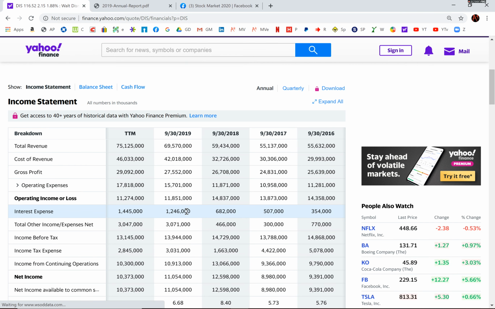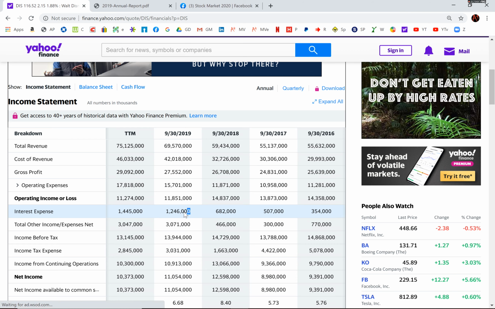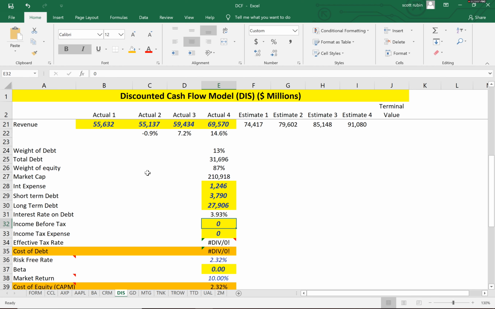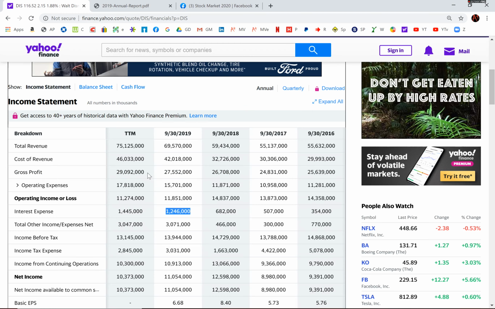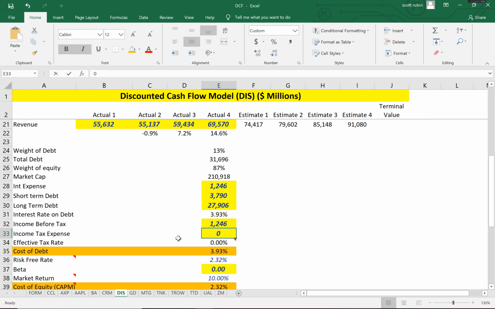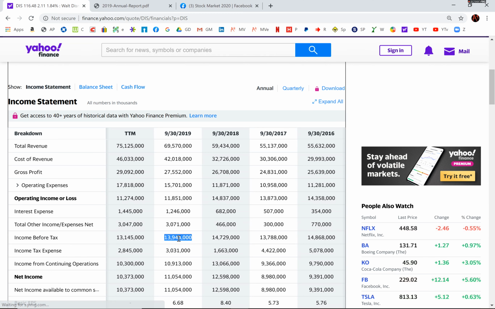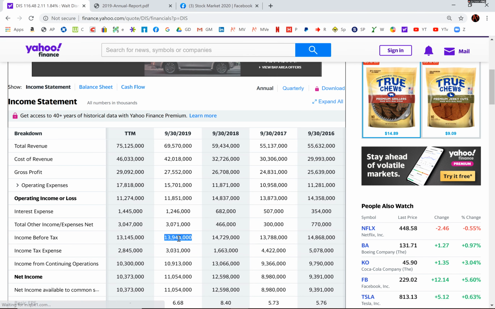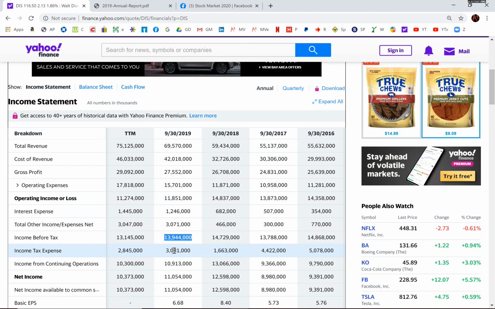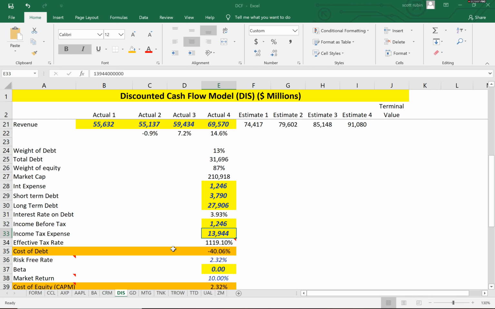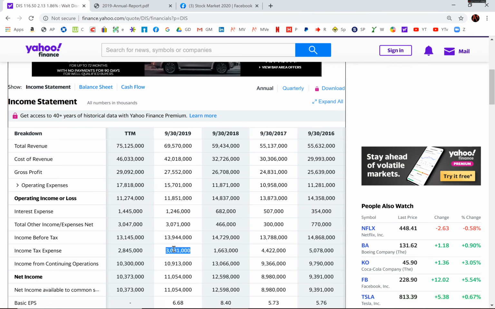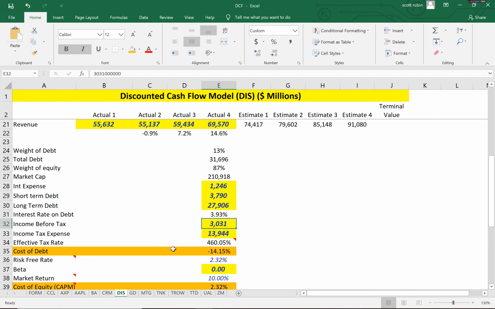Now we have to reduce the debt by their effective tax rate. So let's take their interest expense. Now their income before tax. I need your income tax. Took the wrong number. Got to make sure you do the correct number. Income before tax.